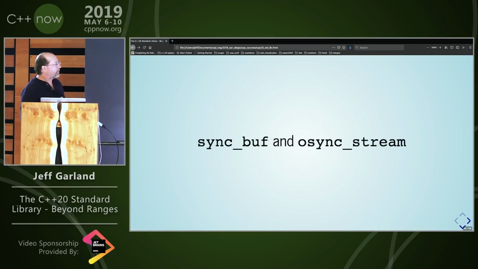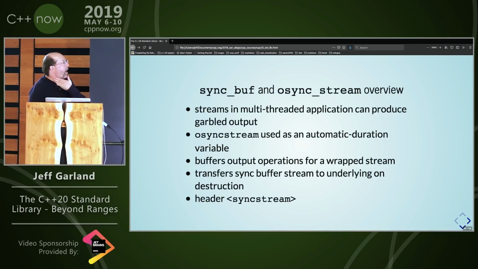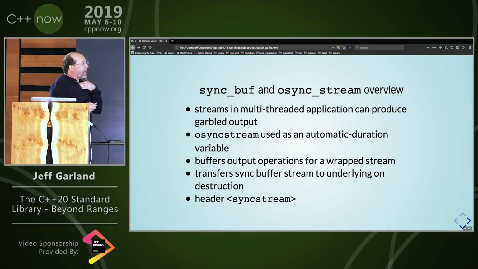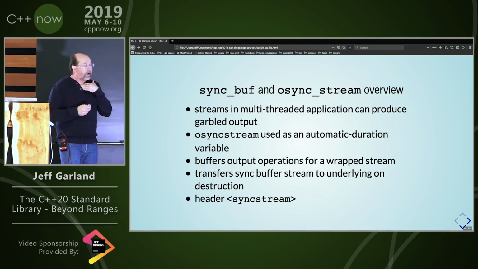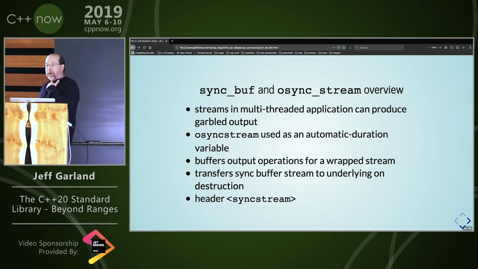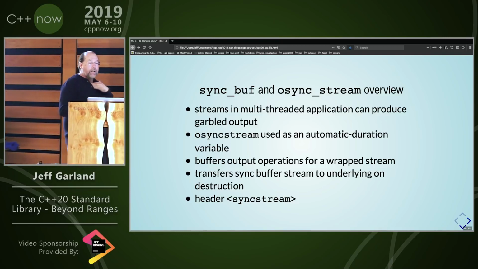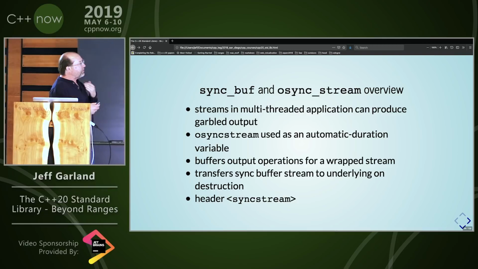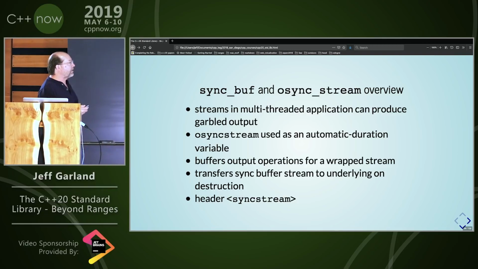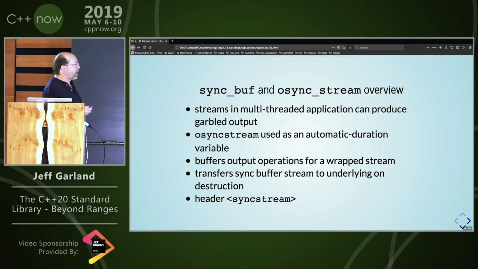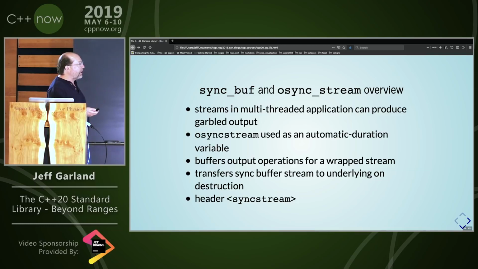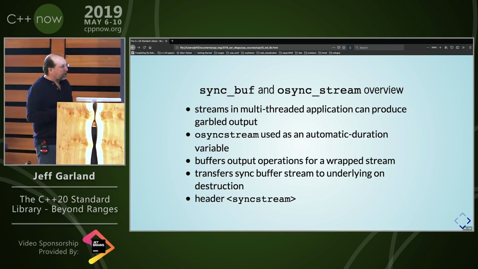Okay, let's move on. Sync buf, osyncstream. In multi-threaded applications, it's very easy to get your streams garbled up. If you're sharing a stream between threads, you can definitely get yourself into some trouble. There's a long history, mostly in the concurrency working group.